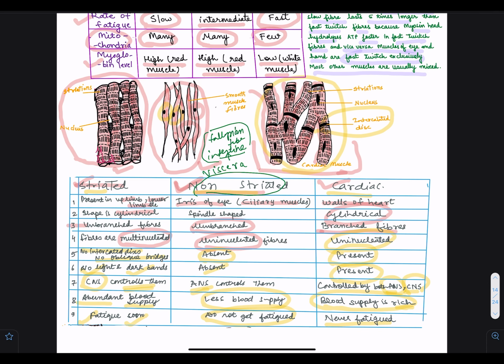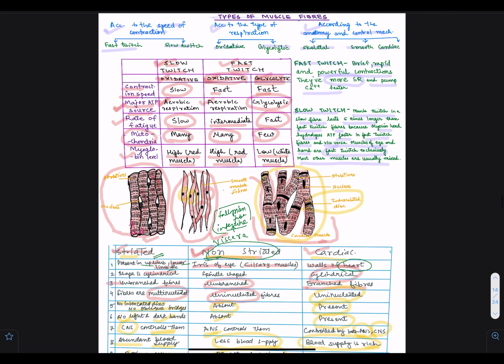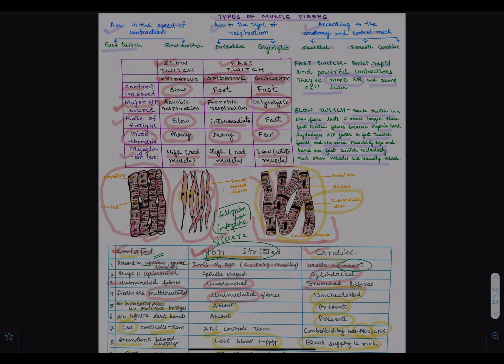So these are the examples of non-striated muscles, while the striated muscles are present in upper limb, lower limb, etc. and the cardiac are typically in the heart. So this is all about the classification of muscle fibers and their typical features.